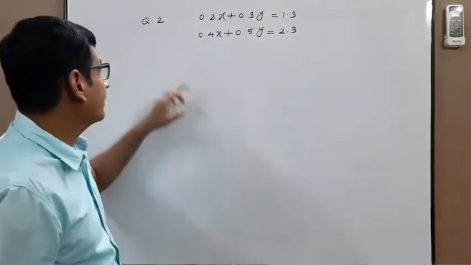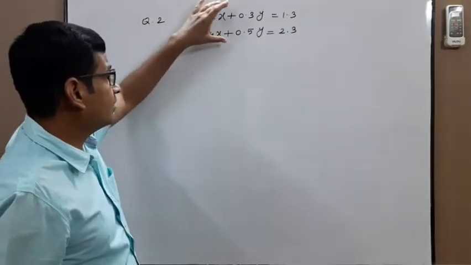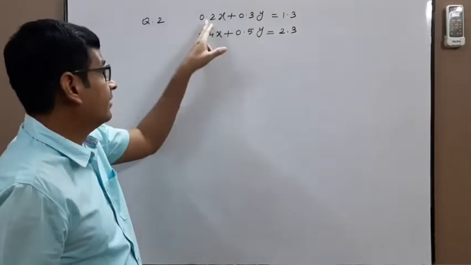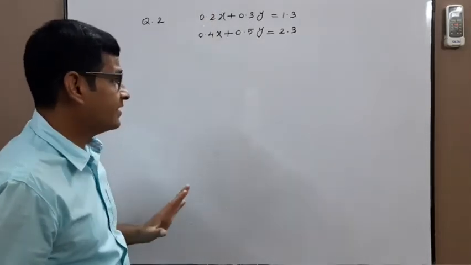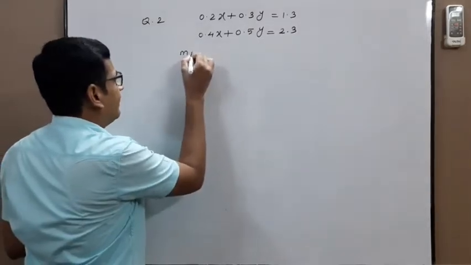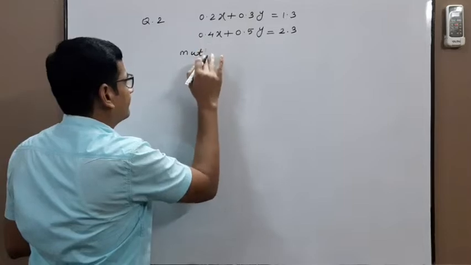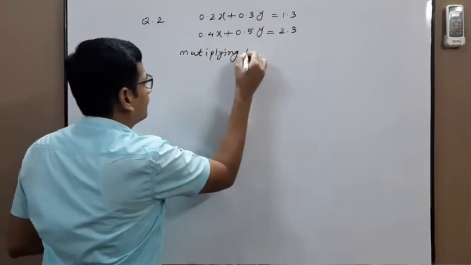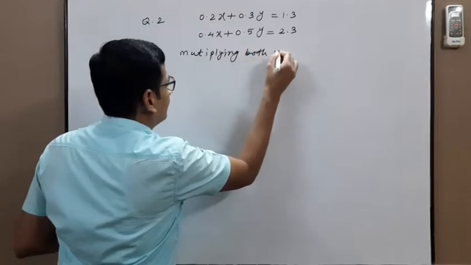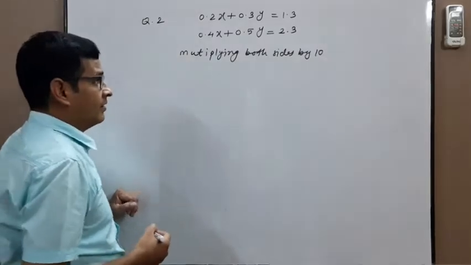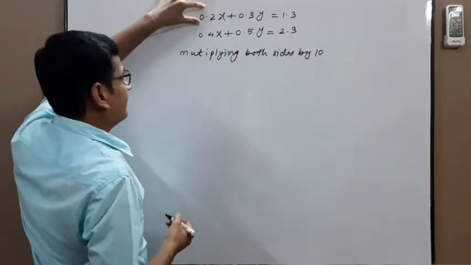Question number 2. Solve the following equations by substitution method. Both equations contain decimals, so first remove the decimals by multiplying both sides by 10. So multiply both the equations by 10.